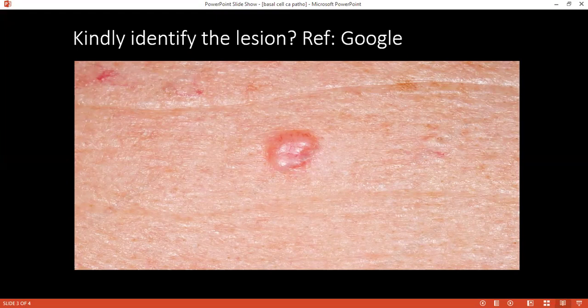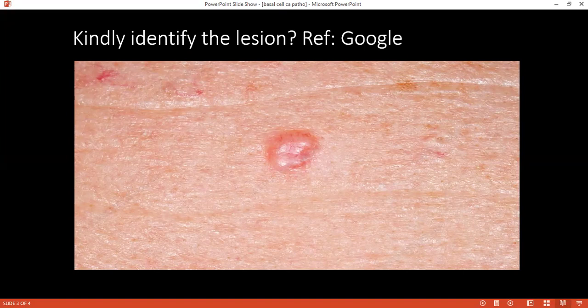What else? I don't know. Considering your differential diagnosis, how would you differentiate basal cell carcinoma from squamous cell carcinoma? Okay, so basal cell carcinoma is a pearly white lesion, and squamous cell carcinoma could be a brown or black lesion.